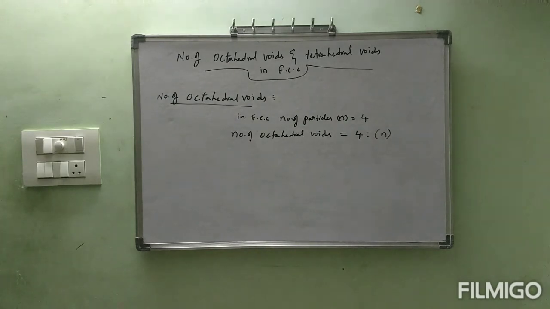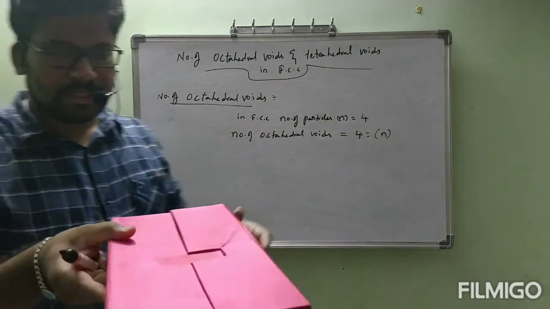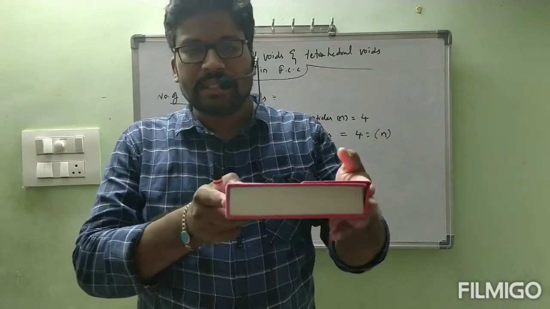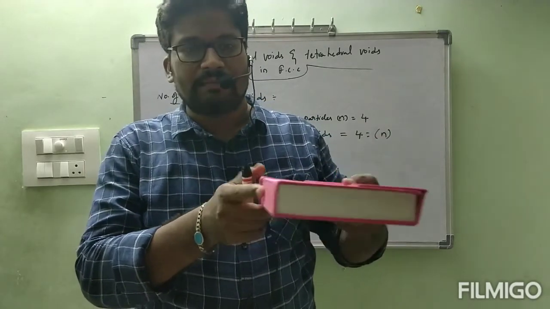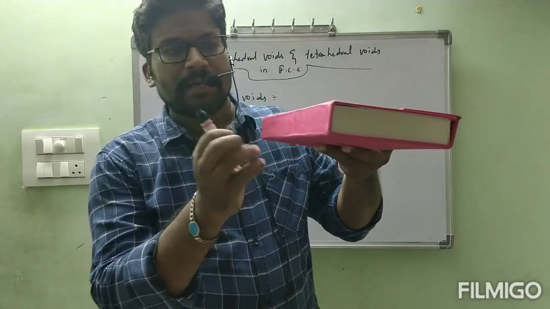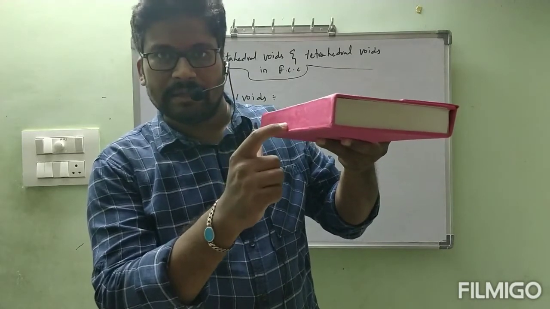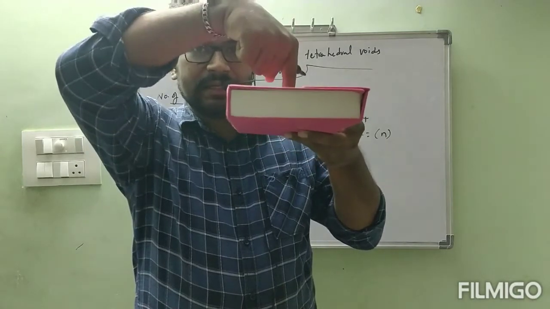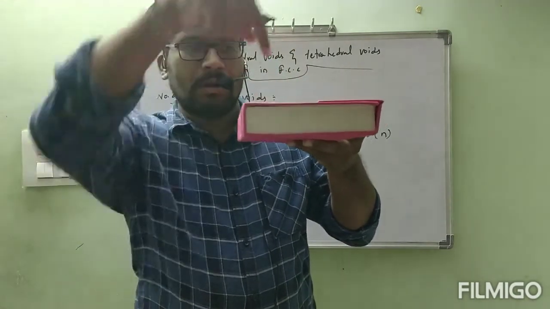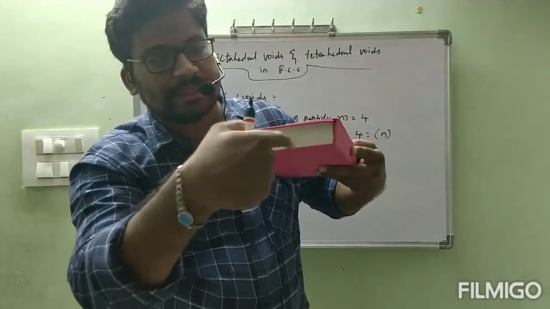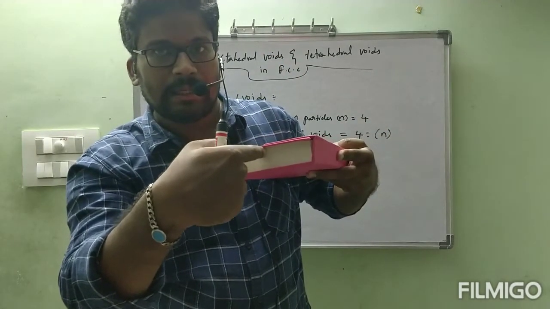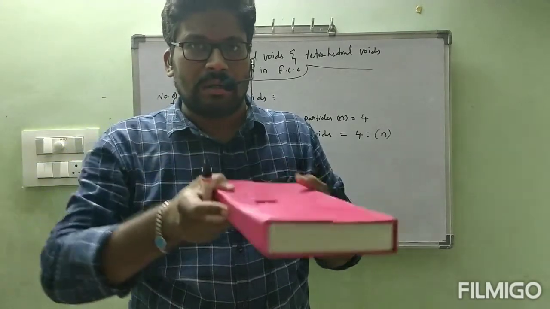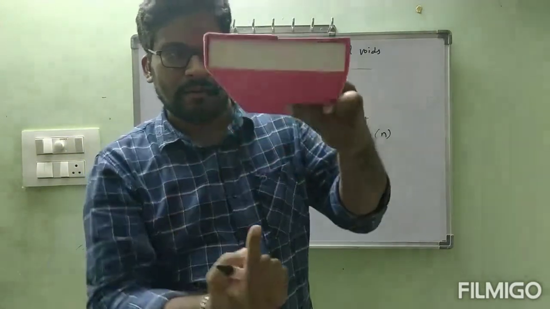I got the cuboid only, but imagine this one as only a square. Now how are we going to say the octahedral void? See, all of you, the particle which is present in the face center here. Next, the particle present in the face center. 1, 2, 3, 4, 5, 6.